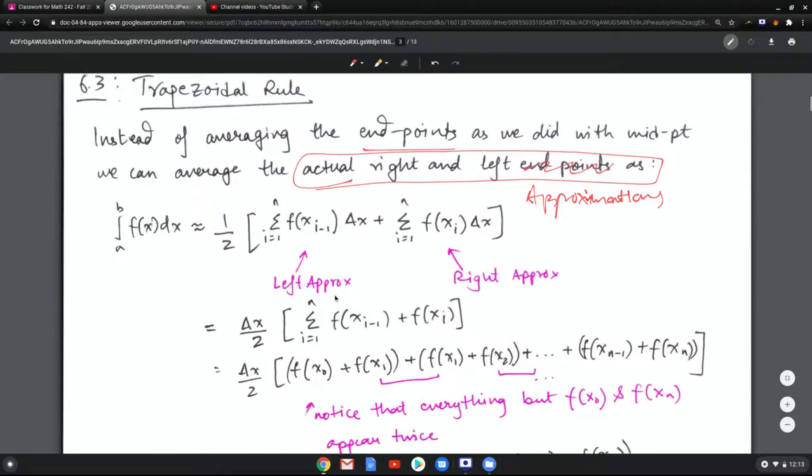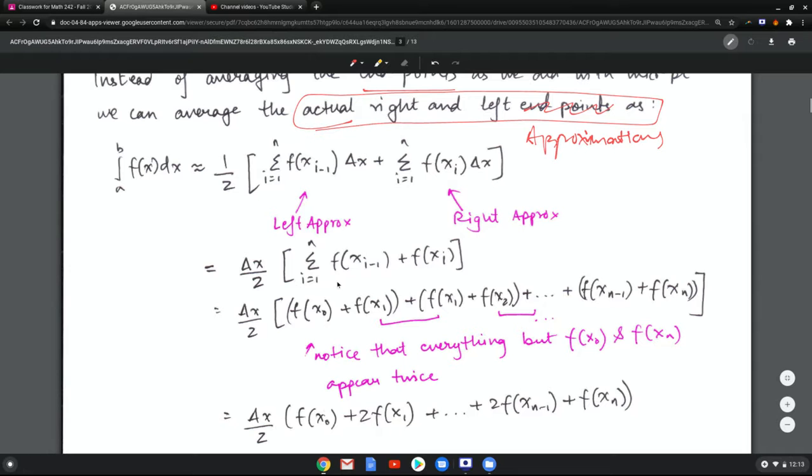If I expand these out, this is going to be delta x over 2, sum of f of x(i-1) plus f of xi. Further, I expand this: that's f of x0 plus f of x1 when i is 1, and so on up to when i is n. What you'll notice is that f of x1 appears twice, f of x2 appears twice. Everything appears twice except the first one, which is f of x0, and the last one, which is f of xn.